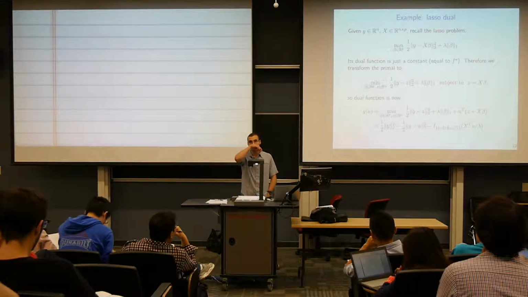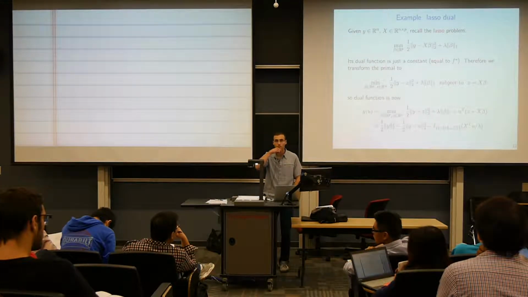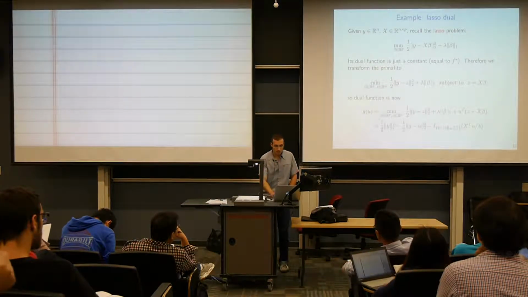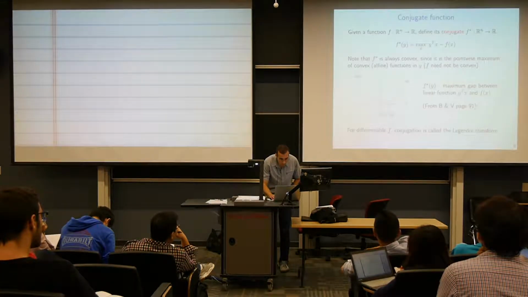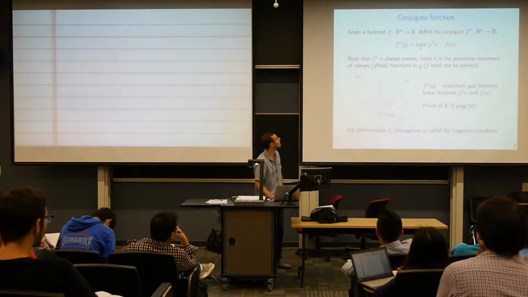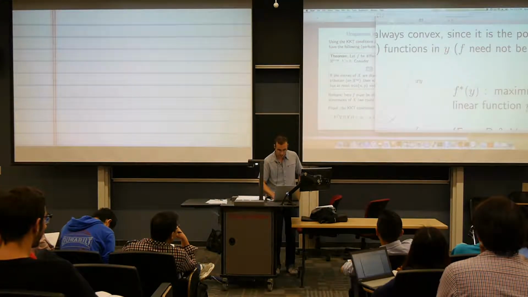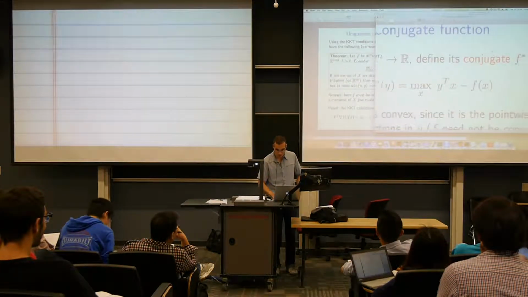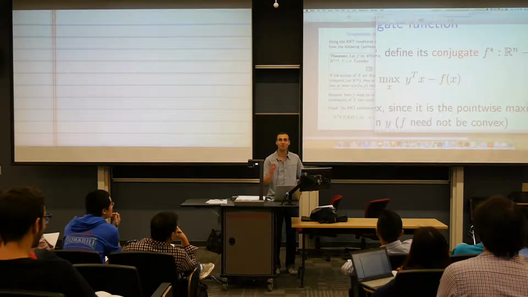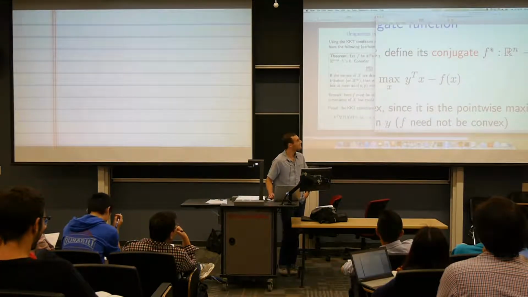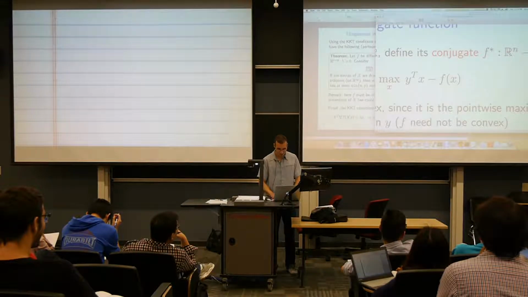By f star, you don't mean the conjugate of that, you mean the optimal value? Yes. This is not that clear, but I'm using an asterisk for conjugate and a star for f star.